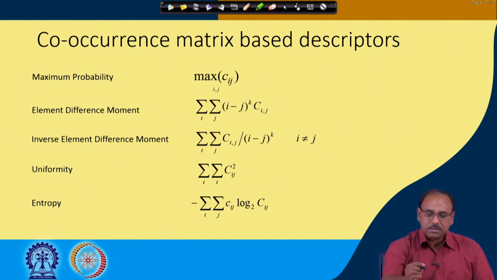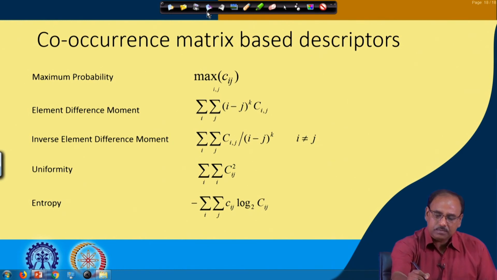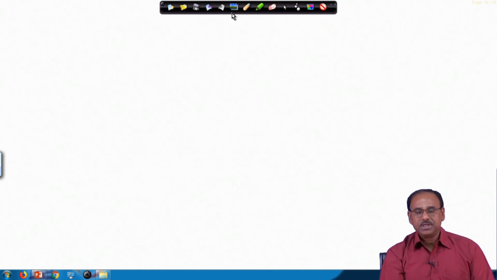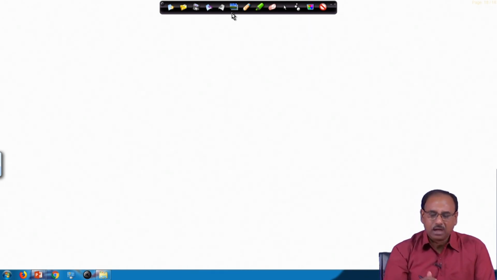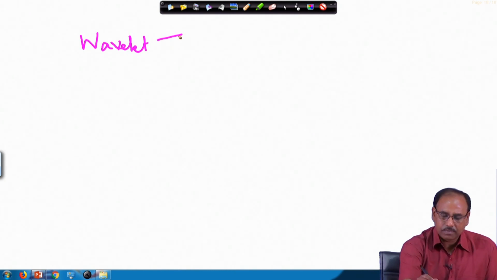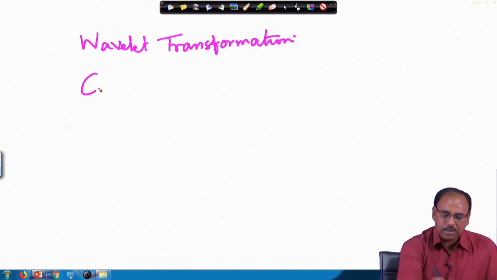For texture images, the transformations which have been very popular to extract texture features are: one is wavelet transformation, and the other one is Gabor transformation.